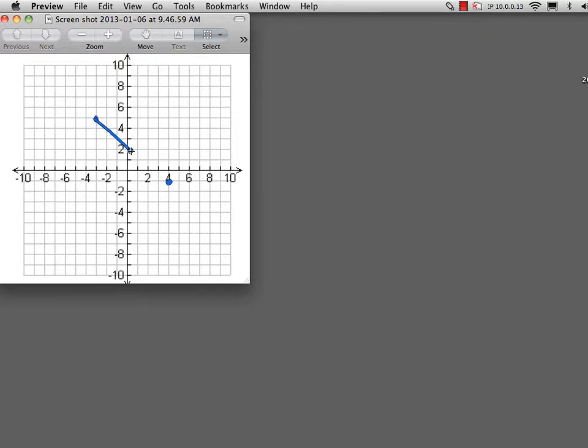Let's draw a straight line and label these points: this one was 4 and -1, and this point is -3 and 5. Those are the 2 points, and we want to know the length of that segment.